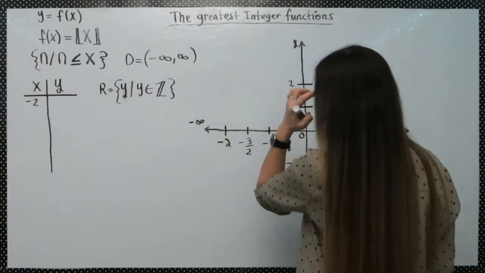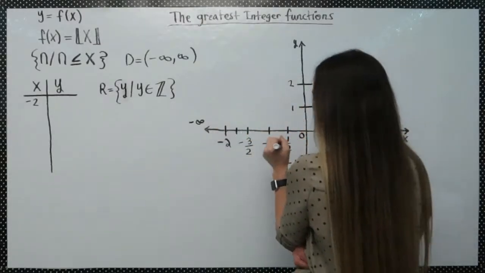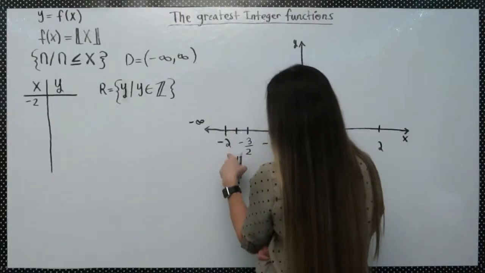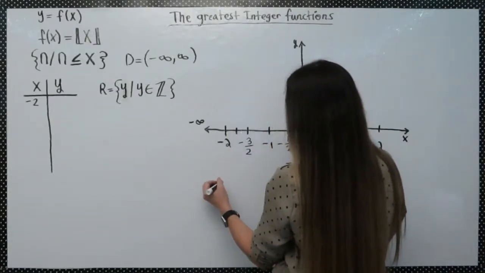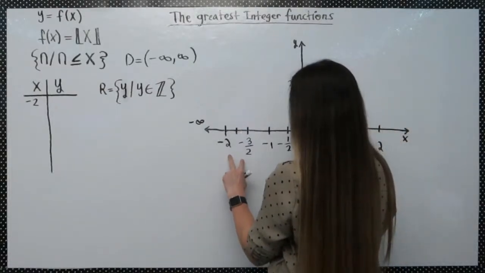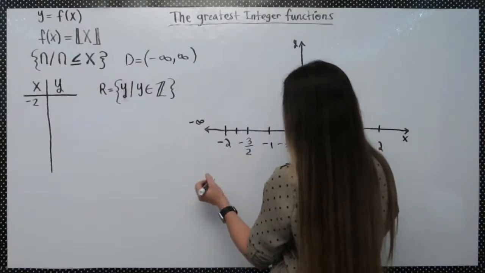All right, so then between -2 and -3/2, is that 3/4? Hang on. The best way to do that, if you don't know, is you just add both of those numbers and then divide by 2, and it will always give you the midpoint.